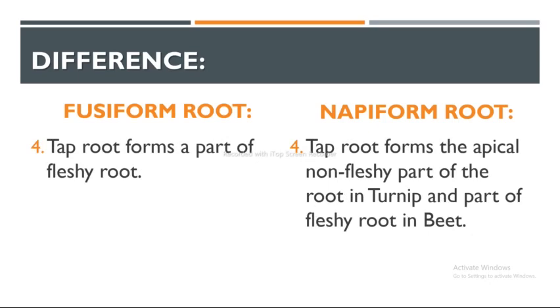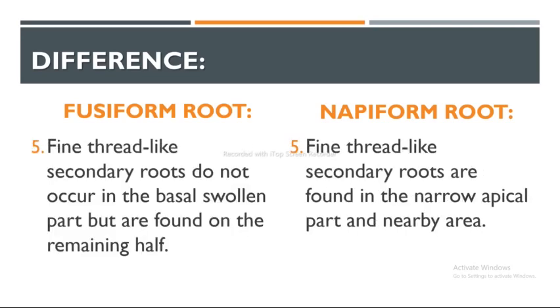Napiform root: taproot forms the apical non-fleshy part of the root in turnip and part of the fleshy root in beet. Fusiform root: fine thread-like secondary roots do not occur in the basal swollen part but are found on the remaining half. Napiform root: fine thread-like secondary roots are found in the narrow apical part and nearby area.